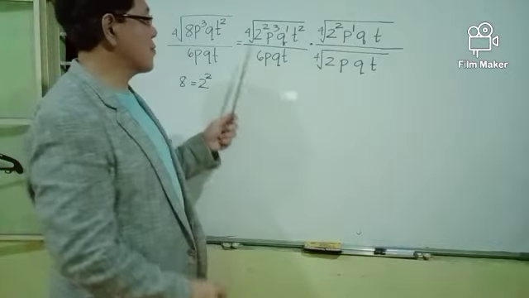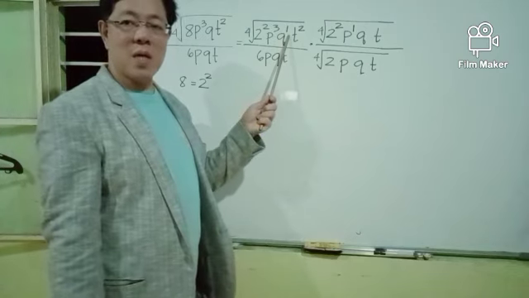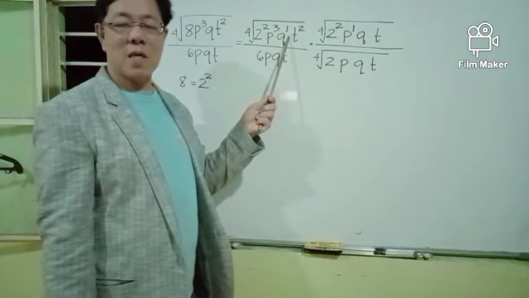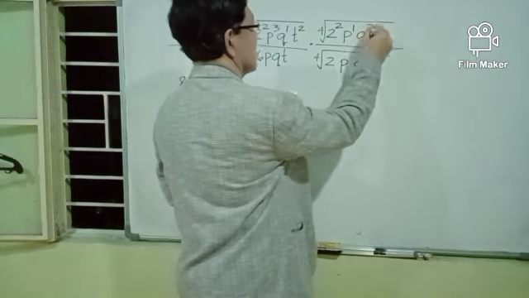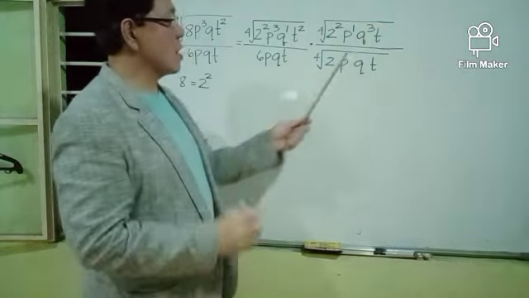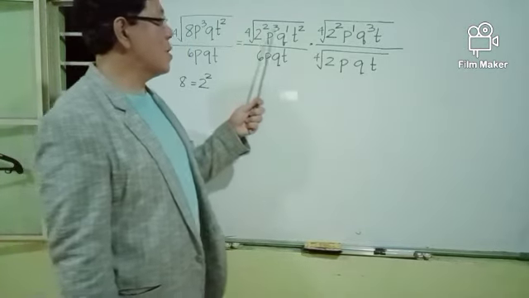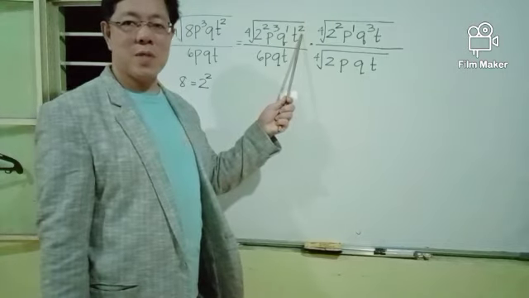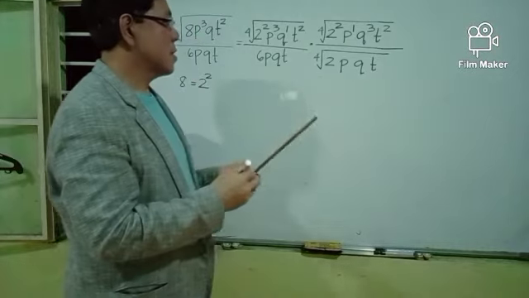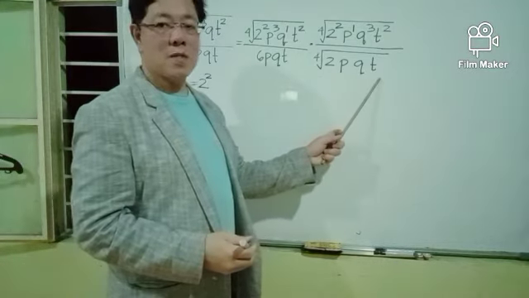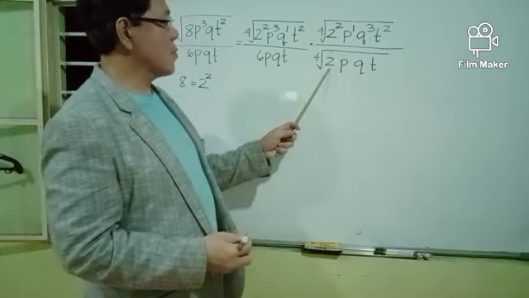And the exponent of q is the difference of the index and the exponent of q in the given radicand. 4 minus 1 is 3. And the exponent of t here is the difference of the index 4 minus the original exponent of t, 2. The constant and the variables in the denominator will have the same exponents.